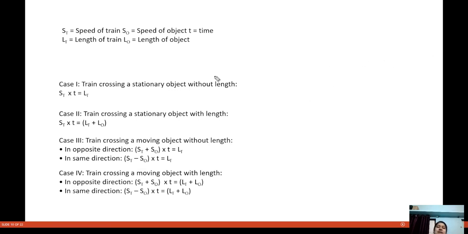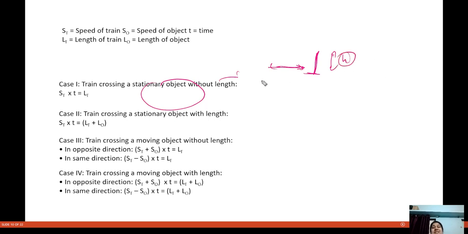So, when the object is stationary, for example, if there is a pole and somebody is asking to calculate the time the train will take to cross this pole, now the pole doesn't have any length. The pole has only height, and we don't consider height.